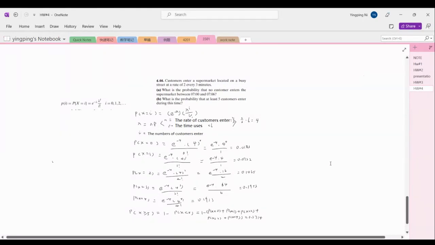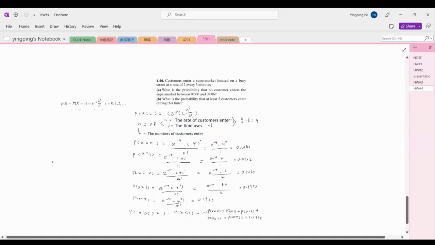This is question 66. Customers enter a supermarket located on a busy street at a rate of 2 every 3 minutes. For question A, what's the probability that no customer enters the supermarket between 7 a.m. and 7:06? So we use the Poisson formula.